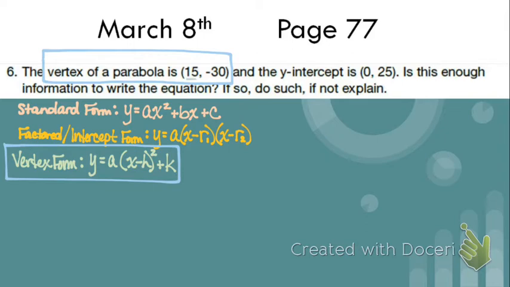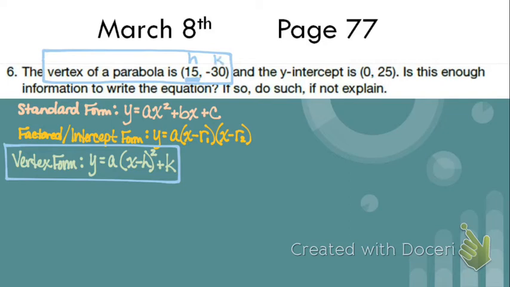I'm going to put the 15 in the place of what? Good guess, but no. In my equation for my parabola, I still want x in the equation because I'm going to plot those things on the x-axis. H. Where would I put the -30 then? K.